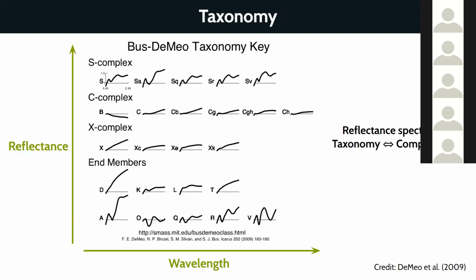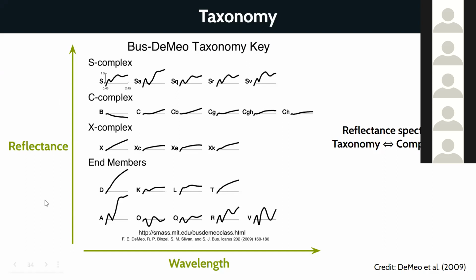The second property that we wanted to look at was the taxonomy. Asteroids don't generate their own light, they only reflect sunlight, so you can get their reflectance spectra and not just normal spectra. Depending on this spectra, they're divided into different taxonomic types.